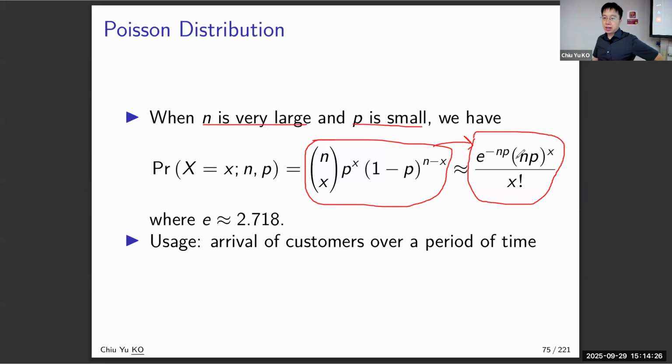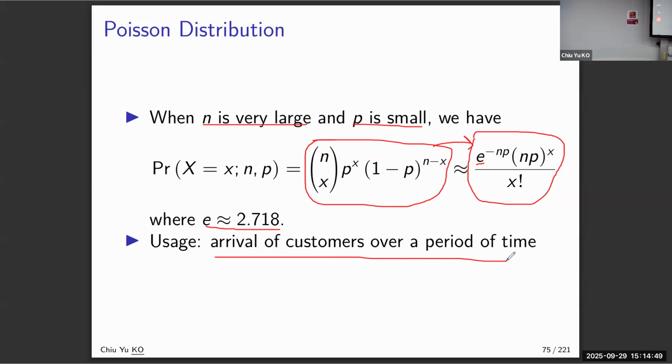And what's this e? E is just the Euler constant, just a number there. It's raised to negative np, and np is x, and x factorial. So it's arrivals of customers over time. You may ask, why do we learn this?